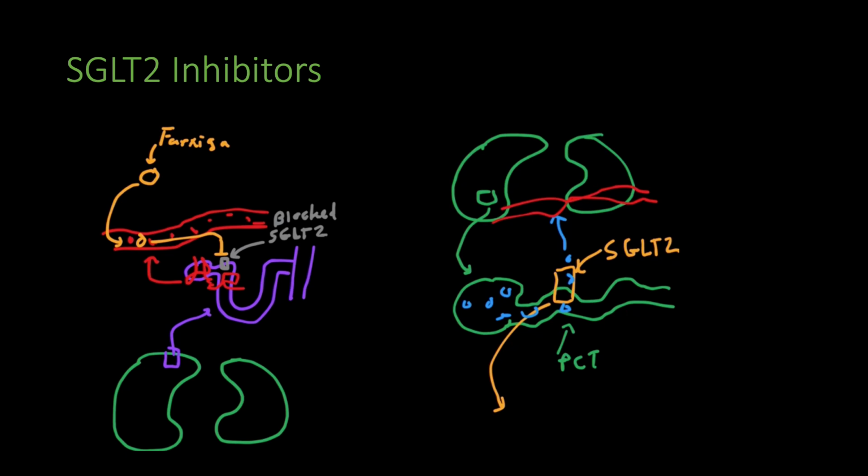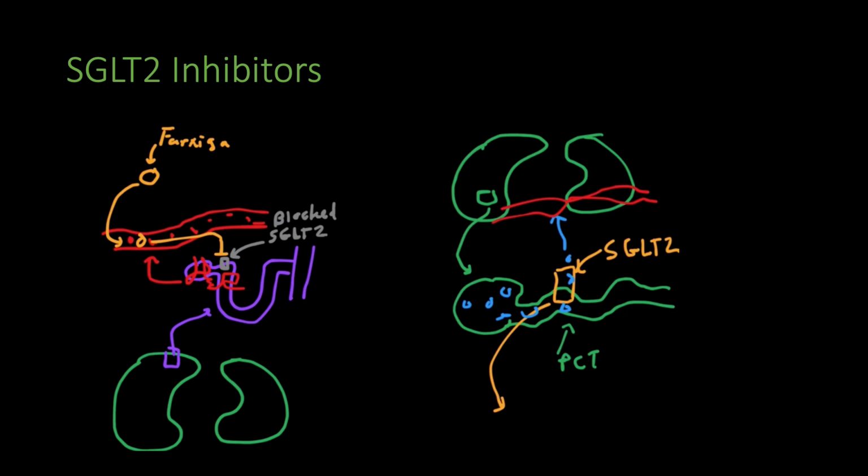So when Farxiga is taken and goes through the blood, it will block the SGLT2 transporter so that none of this gets reabsorbed.